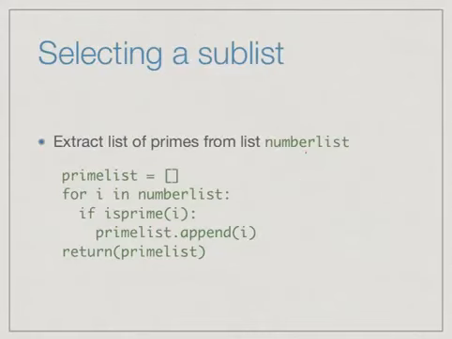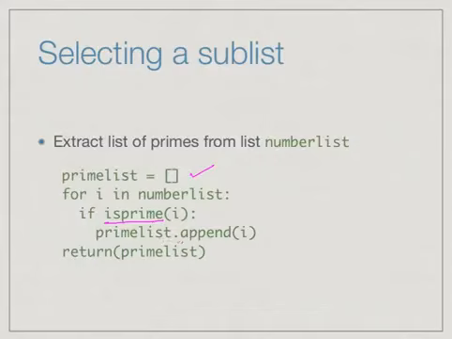Another thing that we typically want to do is to take a list and extract values that satisfy a certain property. So we might have a list of integers called number list, and from this we might want to extract a list of primes. So we start off by saying that the list of primes we want is empty, and now we run through the number list, and for each number in that list we apply the test: is it a prime?